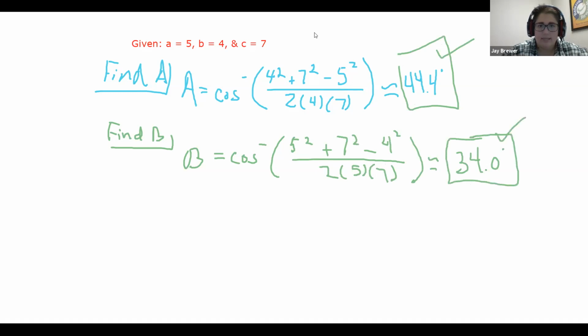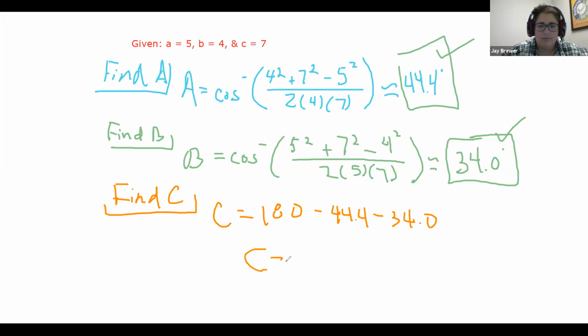Now this one does have us using the original technique of subtracting from 180. Like I said, kind of just depends on the example that you're doing or the problem. So we're going to take 180 minus 44.4 minus 34.